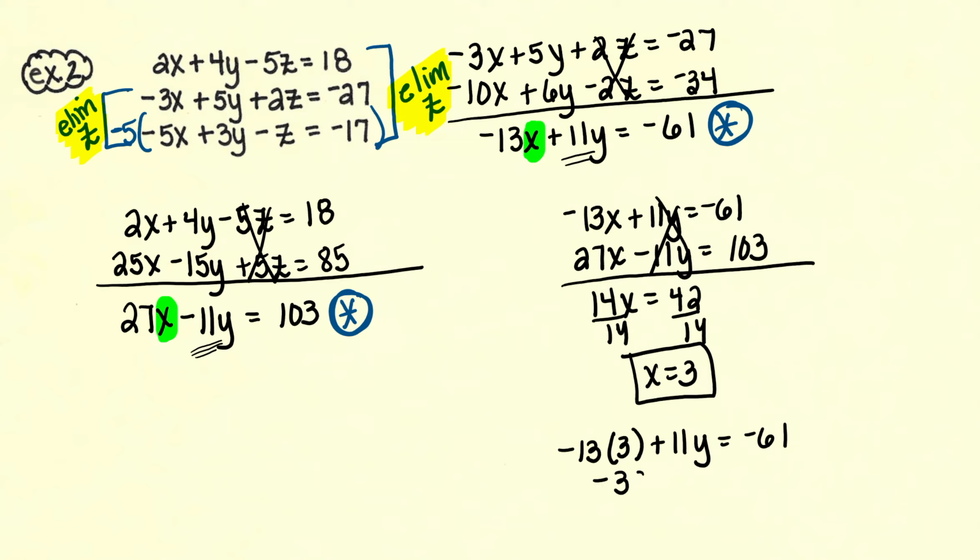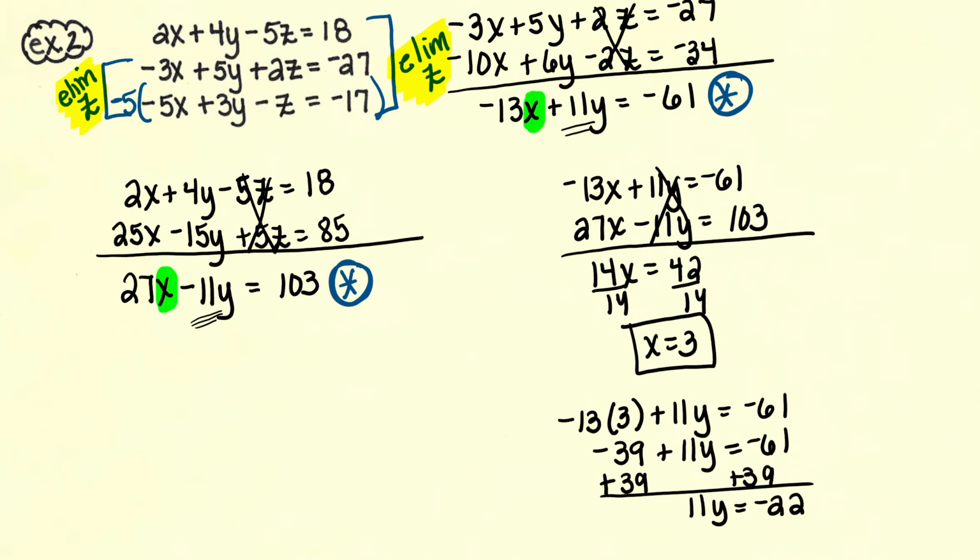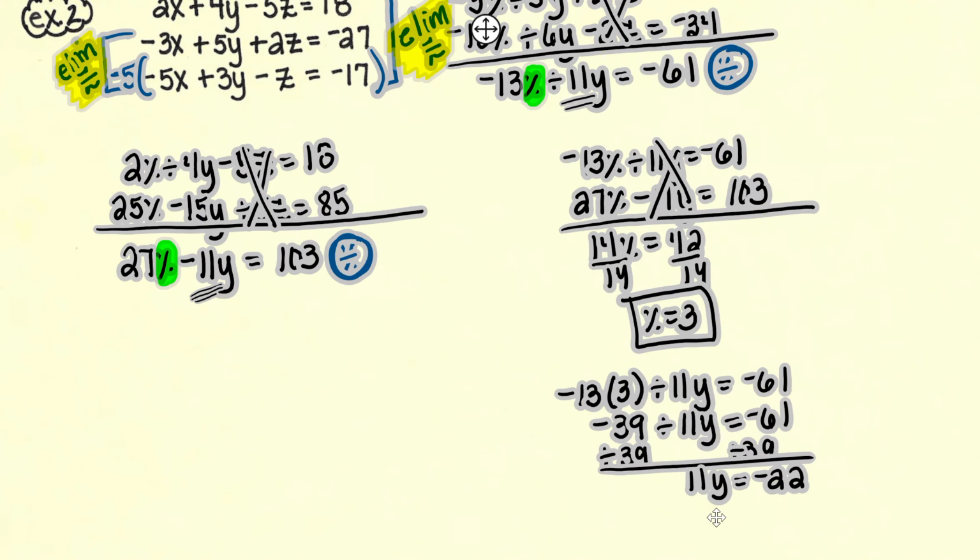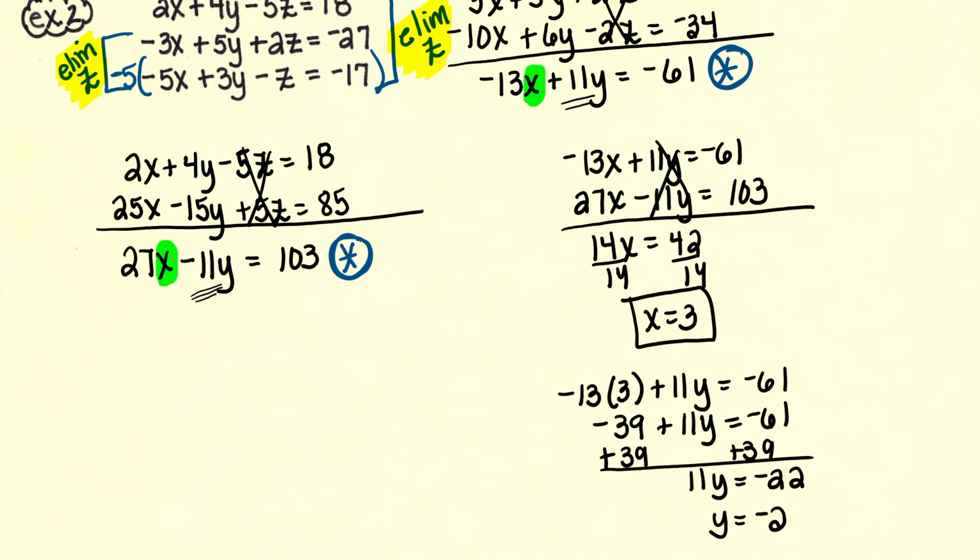So that's negative 39 plus 11y equals negative 61. Add your 39 to both sides. So I get 11y is equal to negative 22. And if I divide by 11, I'm going to get y is negative 2.